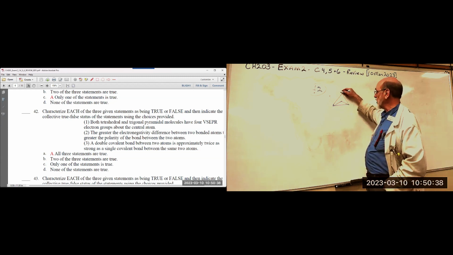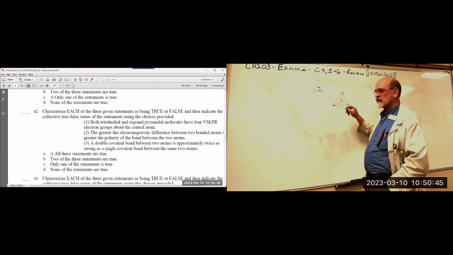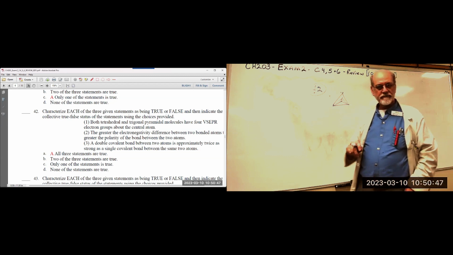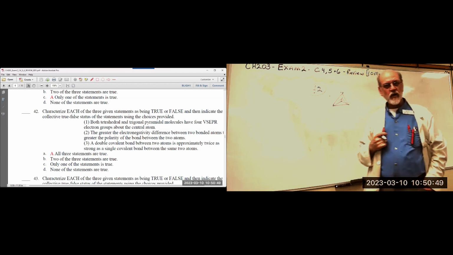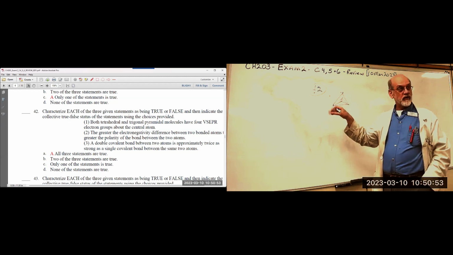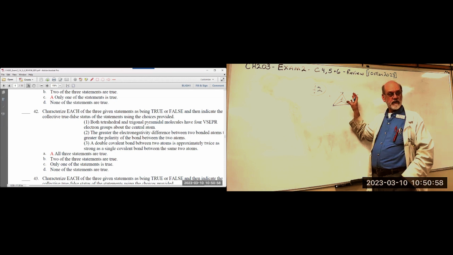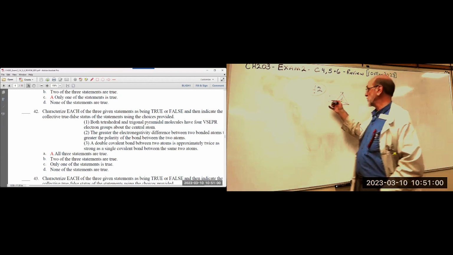But if one of them is a lone pair, then this in the center forms a trigonal pyramid. So that means they do have 4 electron groups around that central atom. That gives them the tetrahedral electronic structure. So yeah, 1 is true.